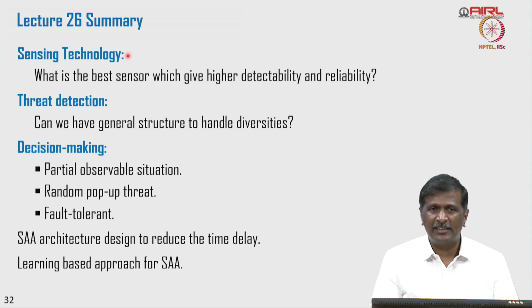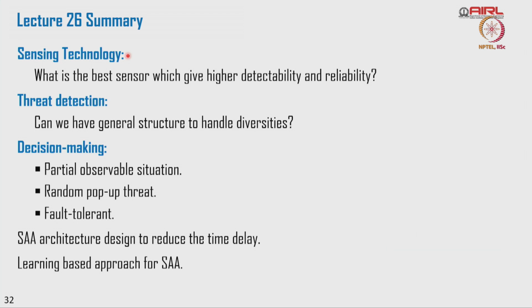How reliability is a factor that we need to take into account in determining trust, and can we have a general structure which can handle the diversity present? Then we talked about decision making capability, partially observable scenarios, or uncertainty in detection. What happens when targets suddenly start popping up? What will I do? Can I be fault tolerant? Can I handle those by adding multi-sensor fusion?